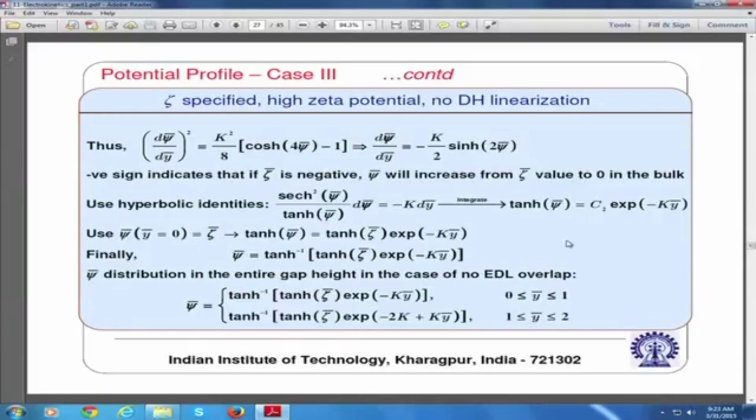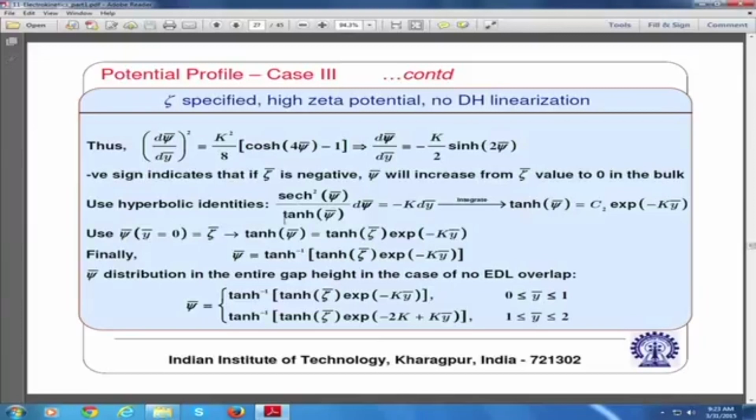So positive d psi dy must be there. So for that you extract the negative sign, so that d psi dy becomes positive if psi is negative. Then you use an identity, this is just simple mathematical manipulation, there is no physics behind this, that is, use this hyperbolic identity, that you can write this as sech square psi by tanh psi. This is just an identity which you can use.